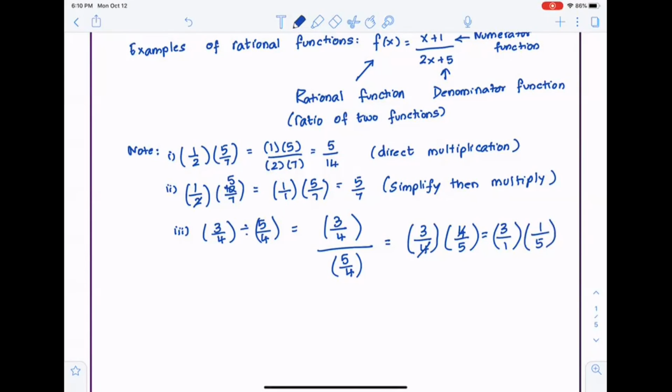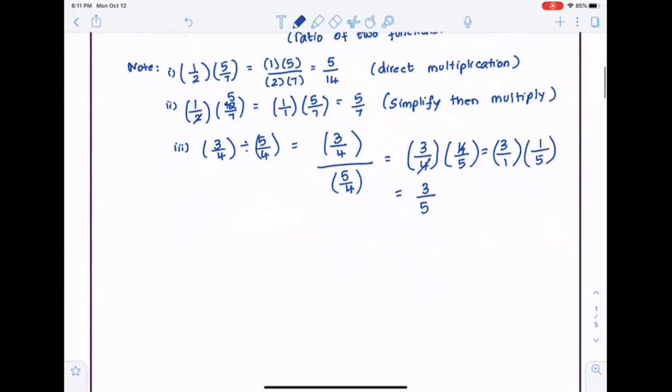And direct multiplication, 3 times 1 would be 3, and 1 times 5 would be 5. So when we multiply rational functions, numerator gets multiplied to numerator, denominator gets multiplied to denominator. Always try to simplify prior to multiplication, and when we have division, we flip and multiply.